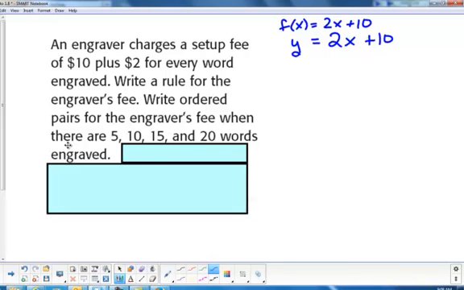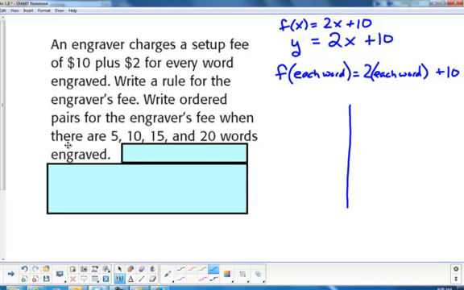I could write f of each word is 2 times each word plus 10. So now it's asking me to figure out all of the answers for 5, 10, 15, and 20.